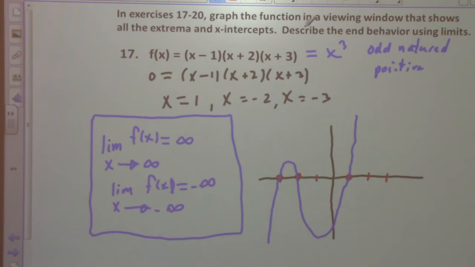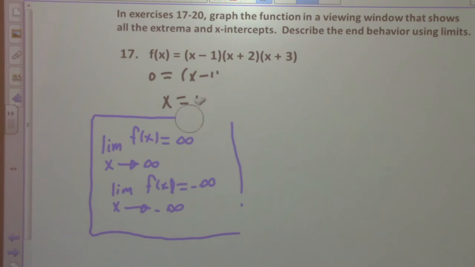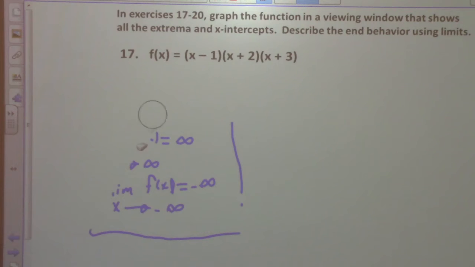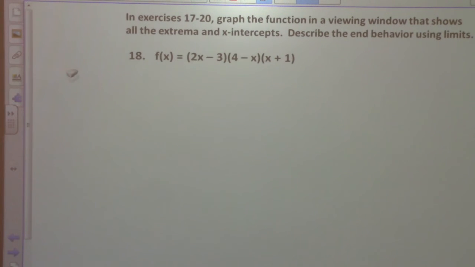Looks pretty straight. So I want you to go ahead and take a look at number 18. Number 18 is a similar looking problem.